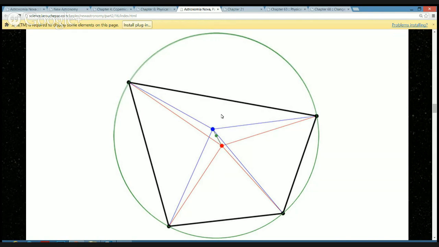The distance between the points where you bisect. Right, the distance between those 3 points. Those are called the eccentricities. So there are two eccentricities: the eccentricity of the eccentric between the red and the green points, and the eccentricity of the equant between the green and the blue points. The line of apsides, two eccentricities.